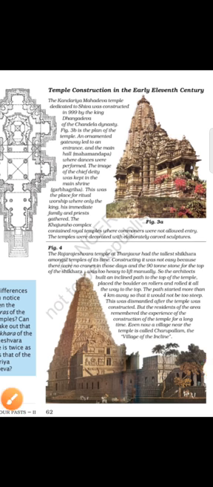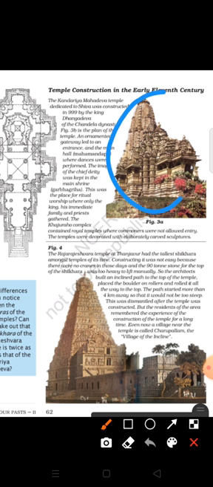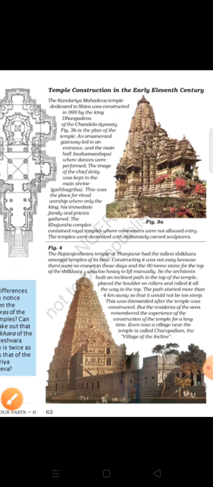You can easily see such structures especially in the Kandariya Mahadev Mandir and all the Khajuraho temples in Madhya Pradesh. This is the common entrance. Here is the mandap, here is the Garbhagriha, especially for the deities. You can see the deity of Mahadev, related to the god Shiva.